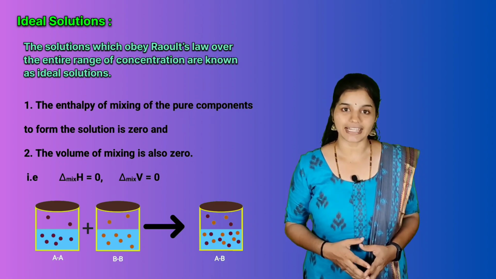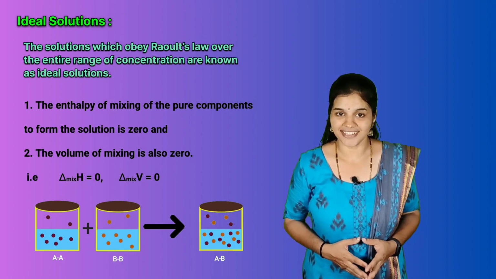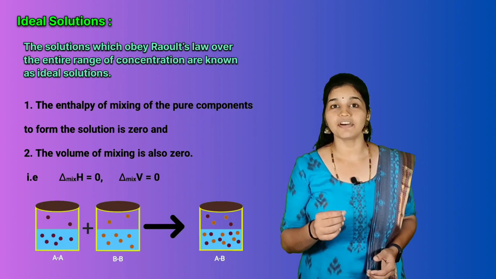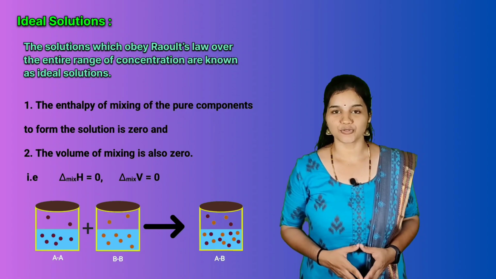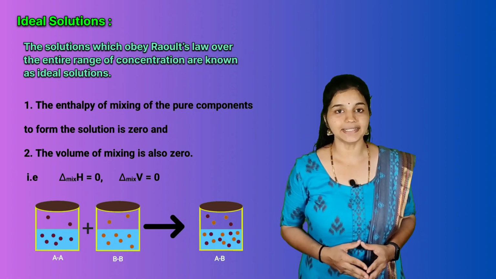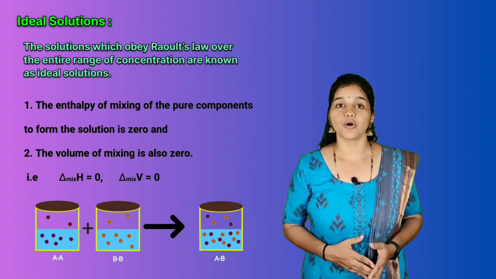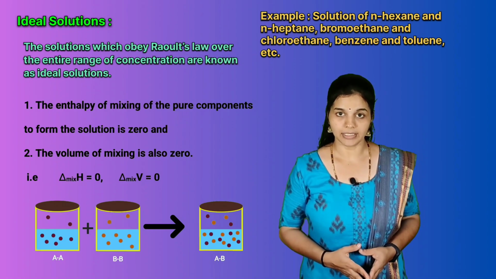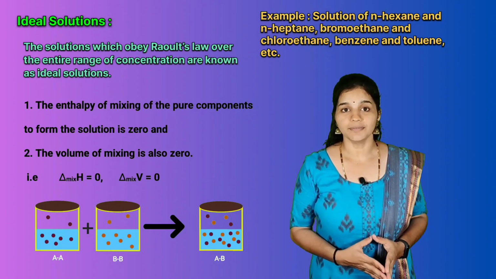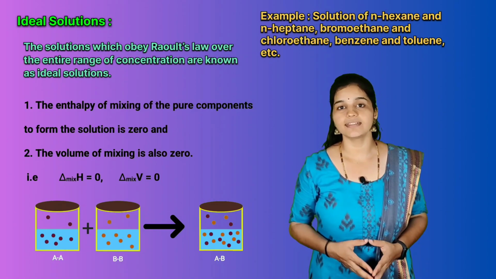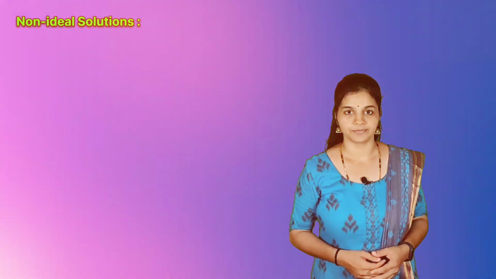A perfectly ideal student is rare, isn't it? In the same way, a perfectly ideal solution is rare. But some solutions are nearly ideal in behavior. Solutions of n-hexane and n-heptane, bromoethane and chloroethane, benzene and toluene, etc. are examples of this category.